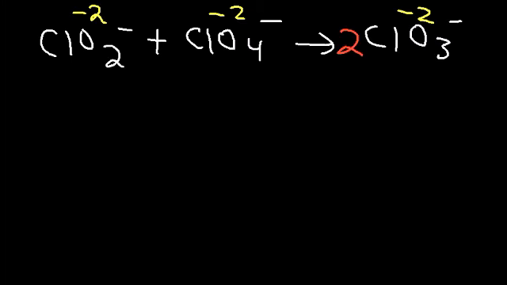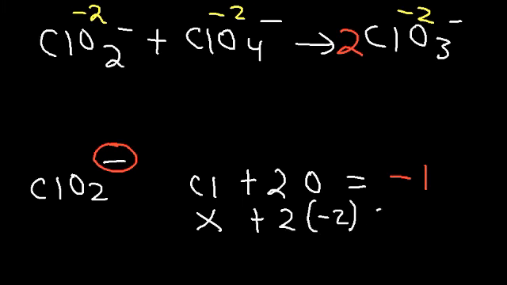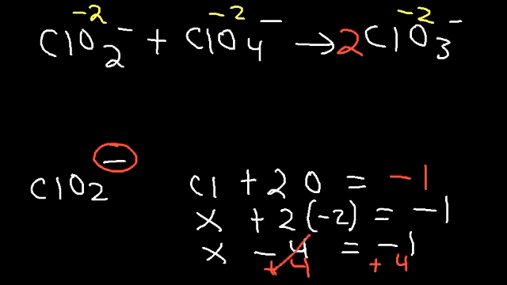So let's start with chlorite. Let's calculate the oxidation state of chlorine in chlorite. So we have Cl plus 2 oxygen atoms, and it has a net charge of -1. So let's replace Cl with X, and let's plug in -2 for oxygen. So 2 times -2 is -4, and if we add 4 to both sides, we can see that X is equal to +3. So that's the oxidation state of chlorine in chlorite.